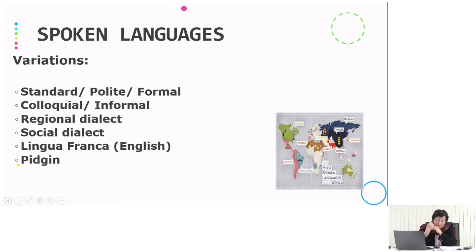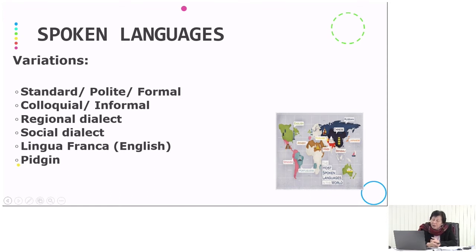See, in this world, we would like to talk about these variations. So you probably get a lot of keywords or the relevant terms to linguistic study about the spoken form.